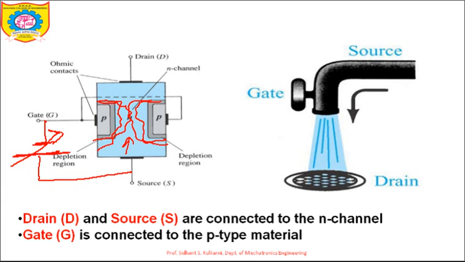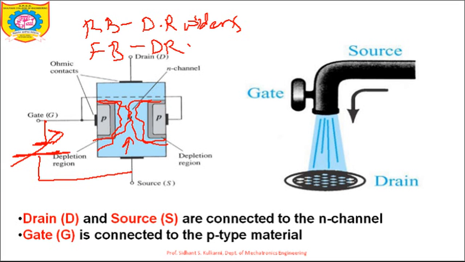In the JFET, the gate to source junction is always reverse biased. Try to understand: reverse bias means the depletion region widens, and in case of forward bias, the depletion region narrows. So we can say that the biasing is inversely related to the width of the depletion region.